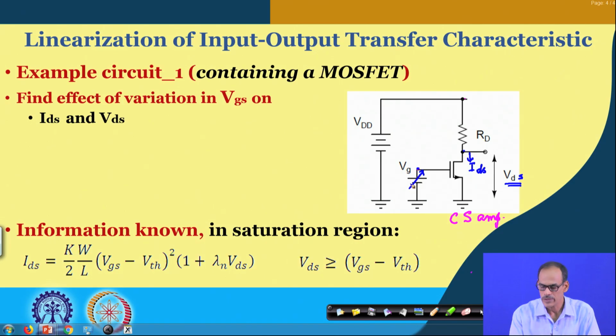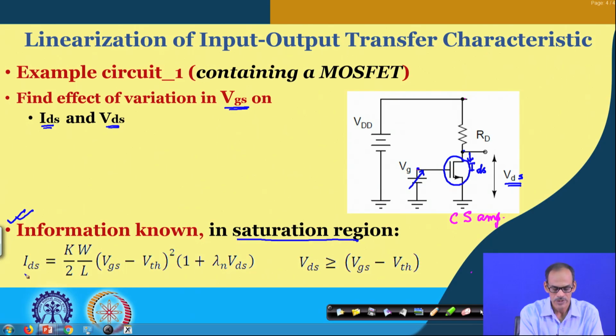If we vary the gate voltage V g, incidentally we are changing the V g s of the transistor, and we can see the corresponding effect on the I d s and the V d s, which is the output of the circuit. This information is known to us: if the transistor is in the saturation region, the expression of I d s in terms of V g s and V d s is given here.